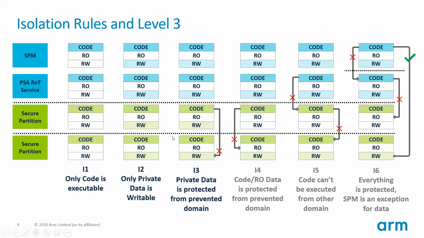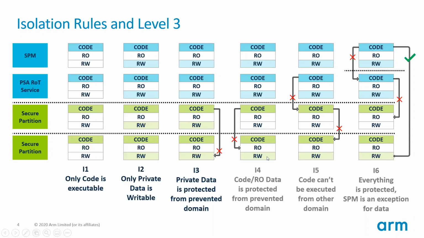In the definition of isolation level 3, the NSPE does not need protection from other domains, the secure partition needs protection from other secure partitions, and the PSA root of trust domain needs protection from all other domains. So if a secure partition wants to access the private data of another secure partition, it is not allowed.